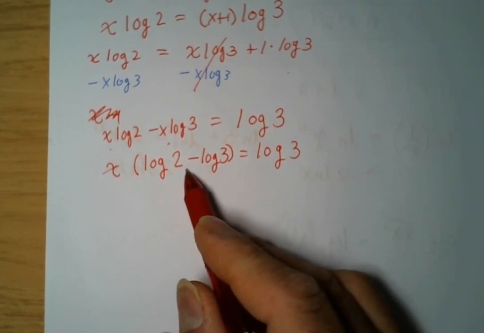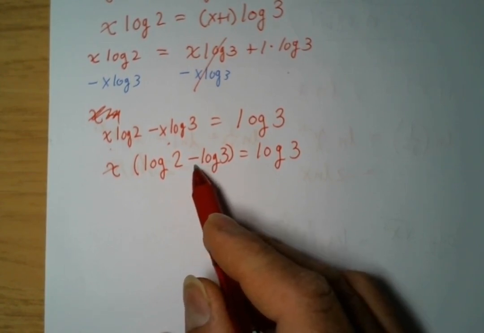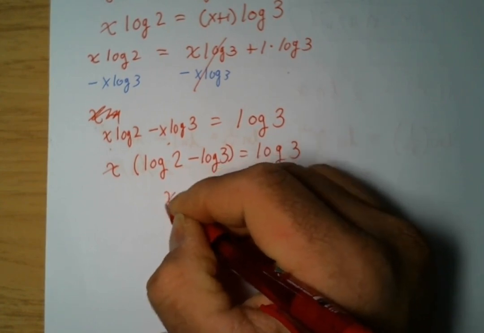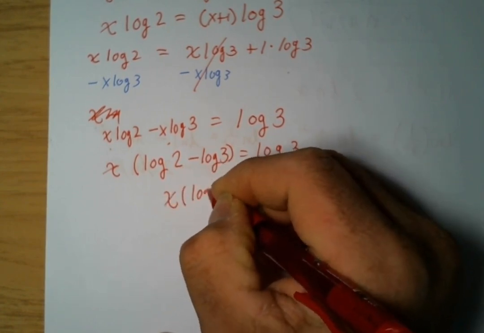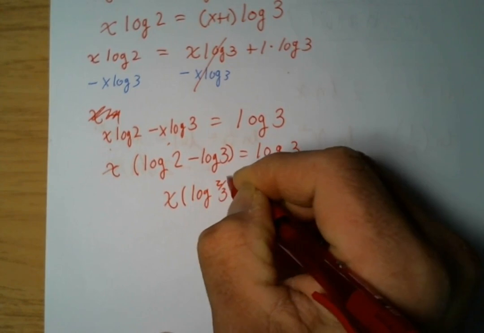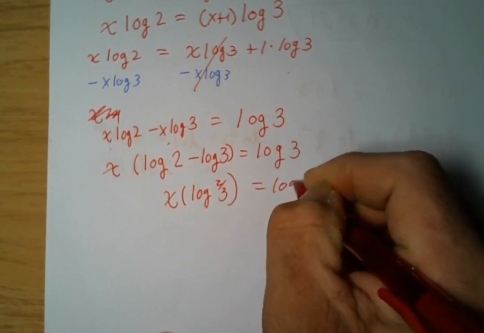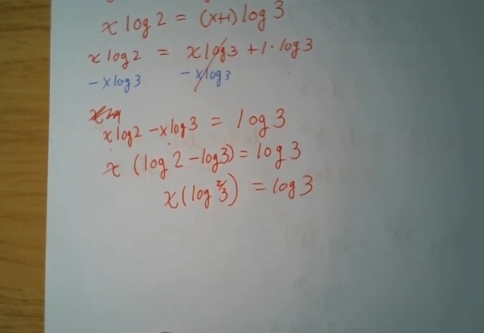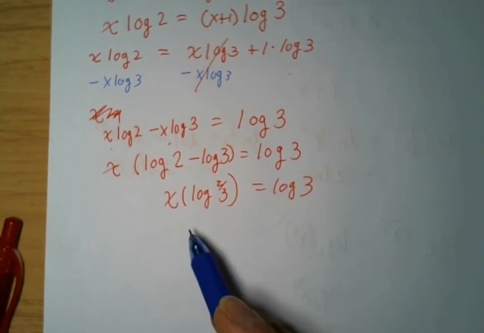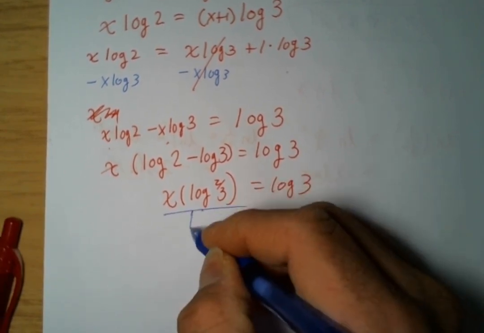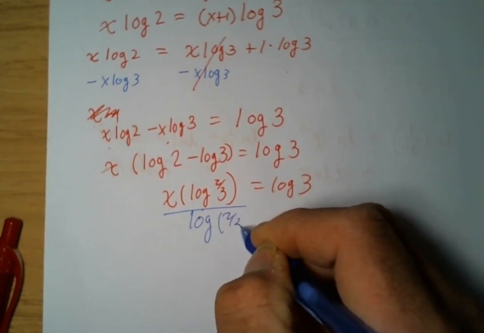This is the quotient rule. When I have log 2 minus log 3, this is actually the same thing as log of 2/3. And now from here, I'm almost there. This is going to get divided by log of 2/3.